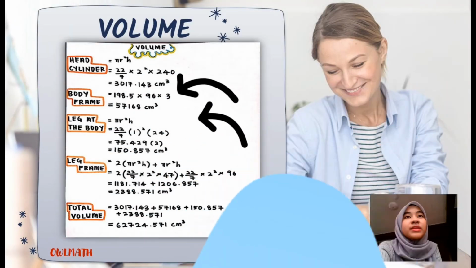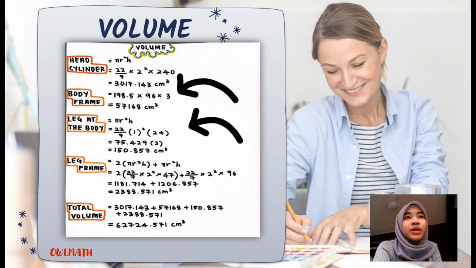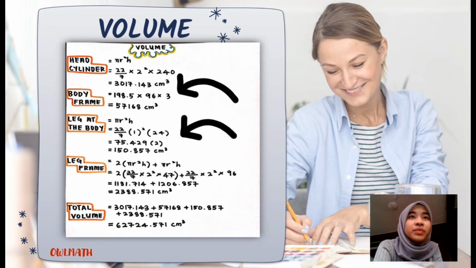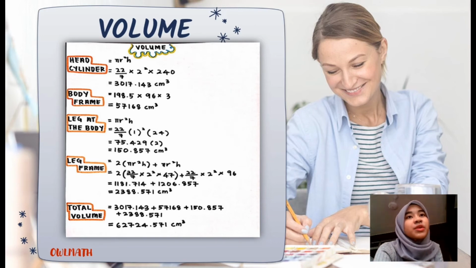So how to calculate the volume of the bed frame: for the head cylinder, using the formula πr²h, equal to 22/7 times 2 squared times 240, equal to 3017.143 cm cube. For its body frame, 198.5 times 96 times 3 equal to 57168 cm cube.